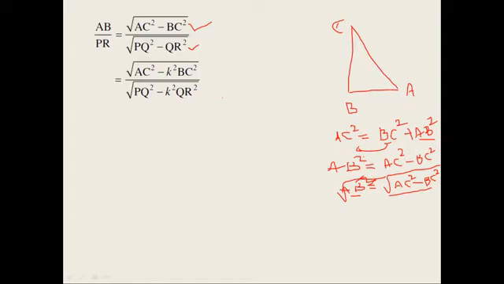Is it clear? Now here we have to take AC square minus K square BC square by PQ square minus K square QR square. Why? Because we are taking their constant ratio. So AC by PQ, which is equal to AC by PQ.